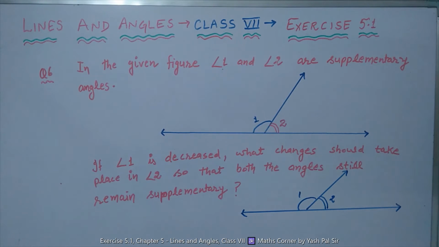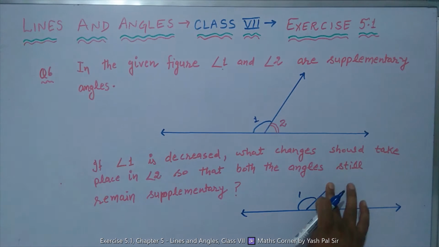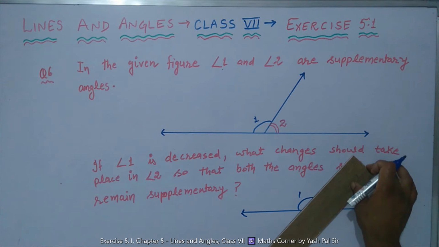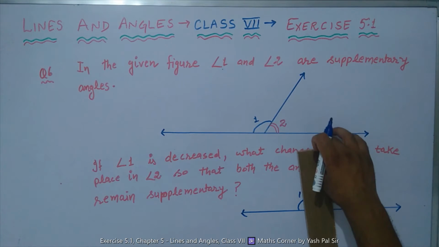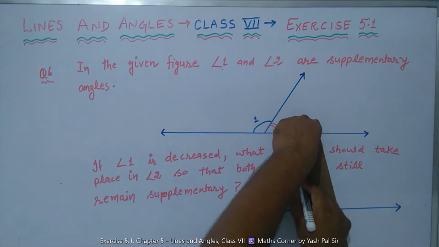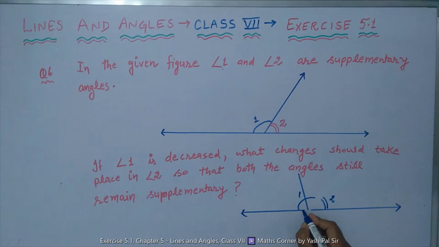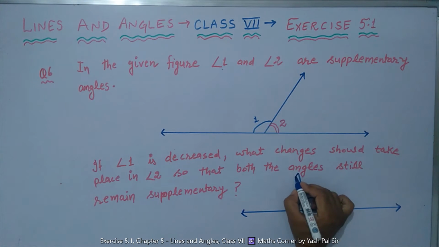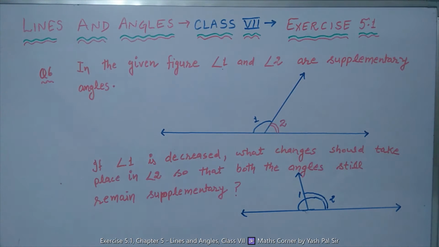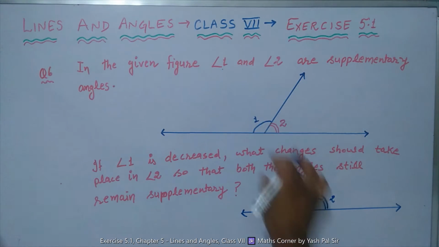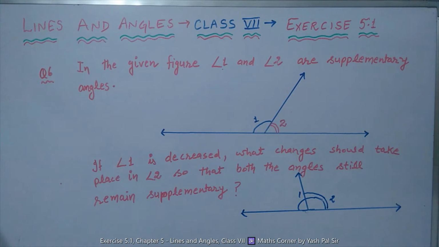Now we decrease angle 1. We decrease angle 1 means we move here like this. Suppose we decrease this way. Now what happened? See that this angle 2 is now increased. If angle 1 is decreased, then angle 2 is increased, so that the two angles remain on the same line.